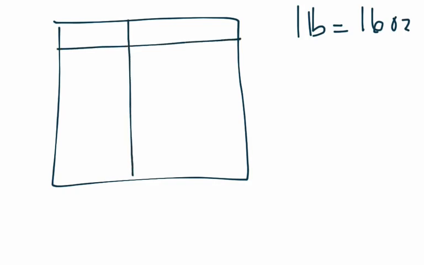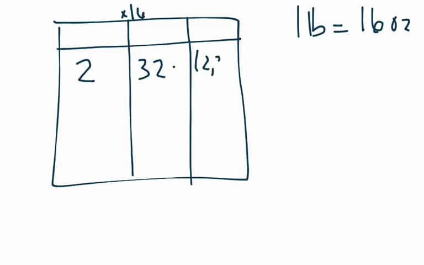The hidden rule is times 16. So 2 pounds, 2 times 16 equals 32 ounces, right? Then if we put it in a relationship, we know that 2 pounds equals 32.